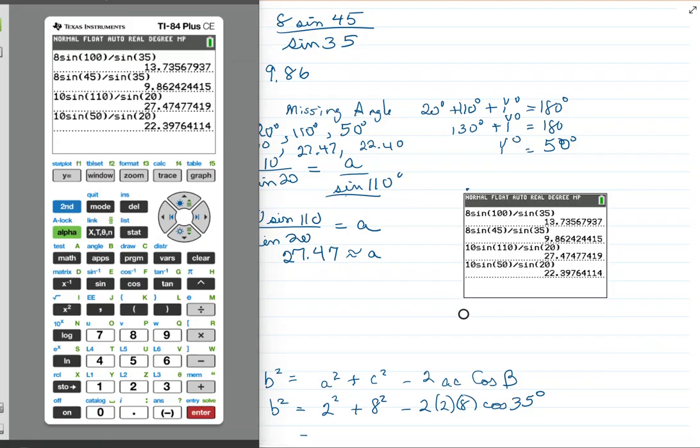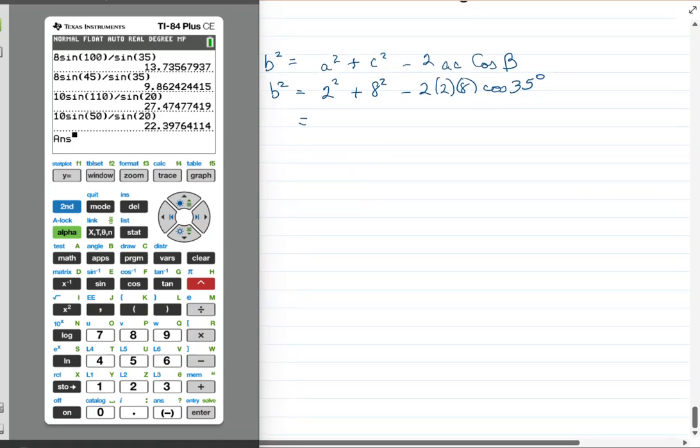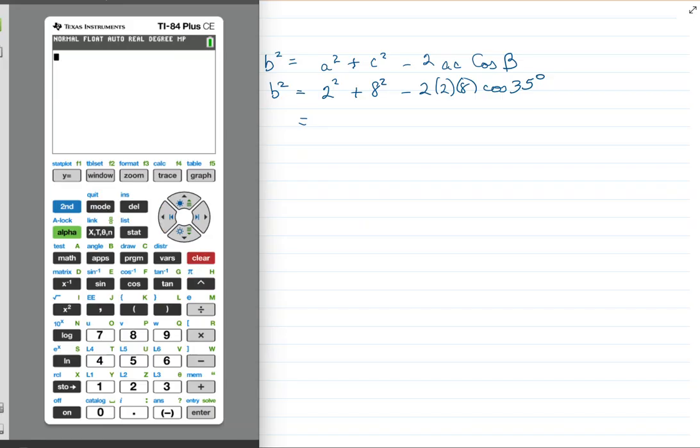Okay. Now I'm going to work on this one right here. 2 squared plus 8 squared. Oh, clear that mess. Sorry. 2 squared plus 8 squared minus 2 times 2 times 8 cosine of 35 degrees.